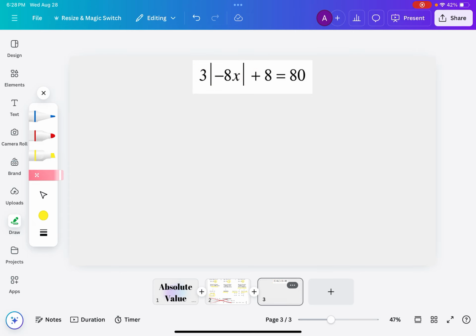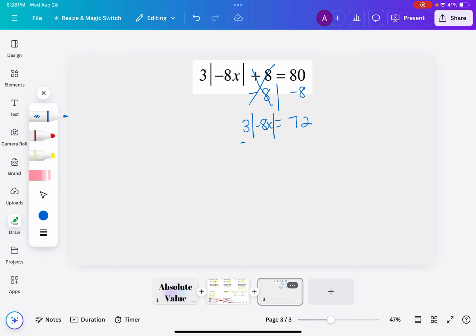So let's go ahead and get rid of the plus 8 first. So minus 8, minus 8. This is 72. Let's cancel this out. Let's bring down 3. Absolute value, negative 8x. Absolute value.